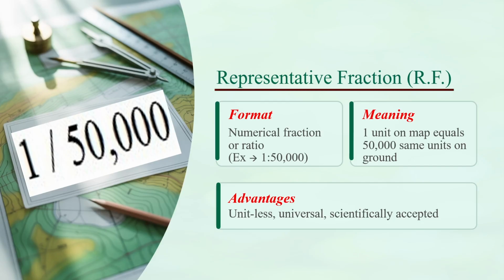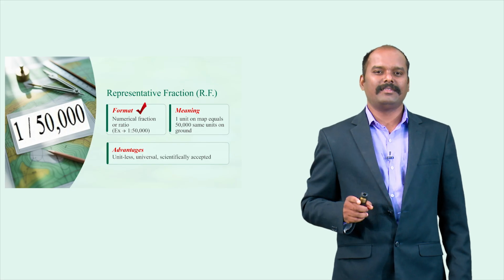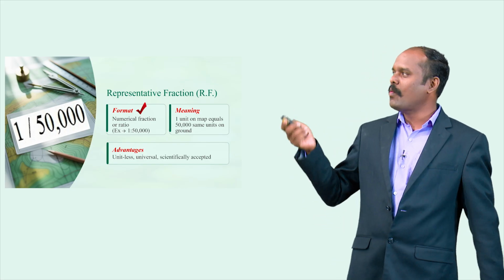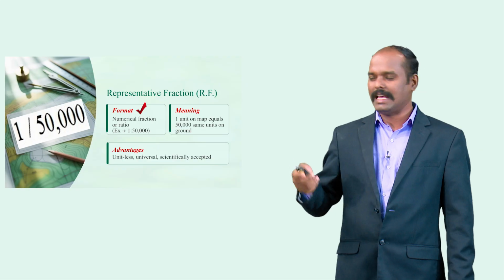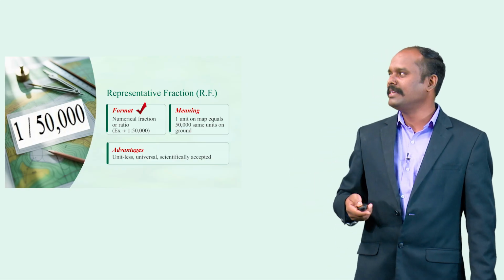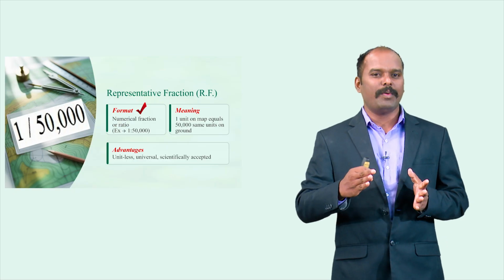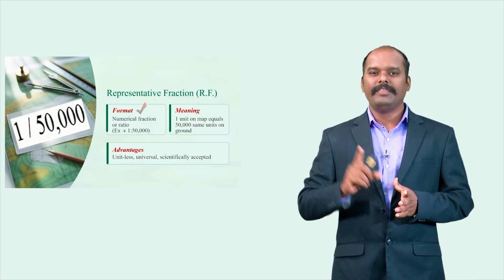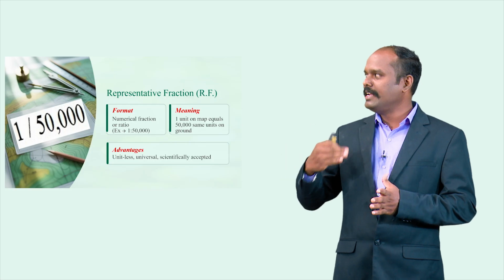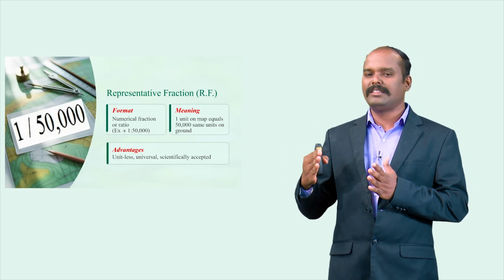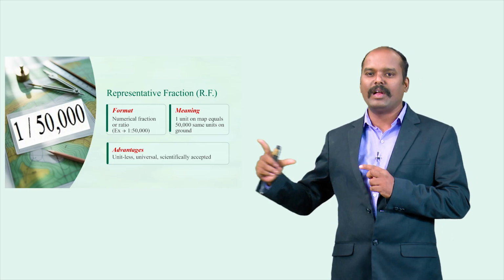Next, let us discuss the representative fraction scale. It is a numerical fraction. You can look at the screen, 1 divided by 50,000. As I said a few minutes earlier, here 1 represents the distance between 2 points on the map. 50,000 is called the denominator, which represents the distance between 2 points on the ground.